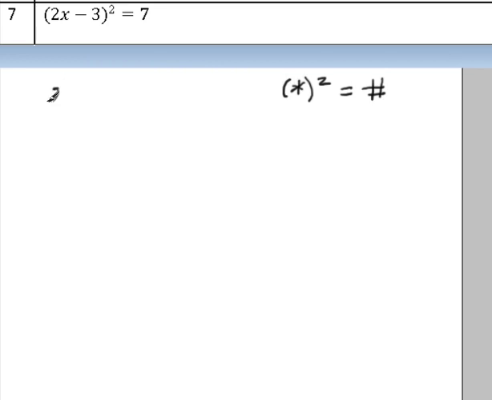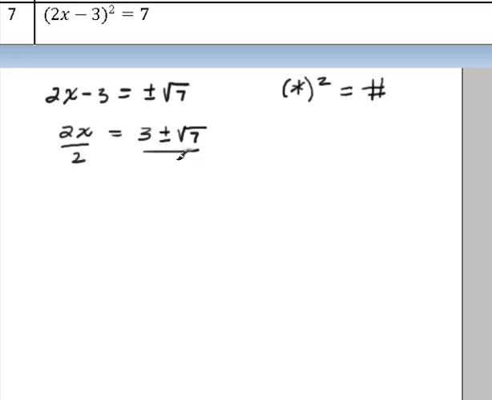So on the left we have 2x minus 3, and on the right we have plus minus the square root of 7. Okay, add 3 to both sides, and we have 2x is equal to 3 plus or minus the square root of 7. And let's divide by 2 now. And we get that x is equal to 3 plus or minus the square root of 7 over 2.